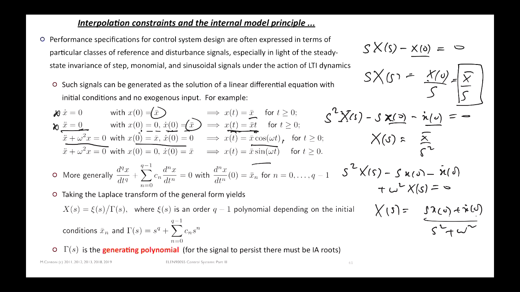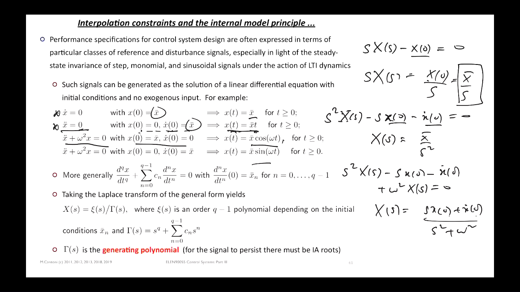Okay, so we get a polynomial on top that will be degree 1 less than the order of the differential equation, just like here we got an order 1 for a second order differential equation. All right, and on the bottom we'll get something that's called the generating polynomial. So the generating polynomial is determined by the coefficients here, right, whereas the polynomial on the top, which is degree 1 less than the generating polynomial, is determined by the initial conditions.